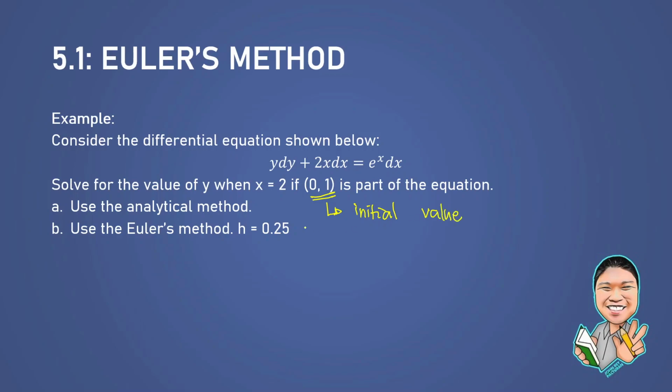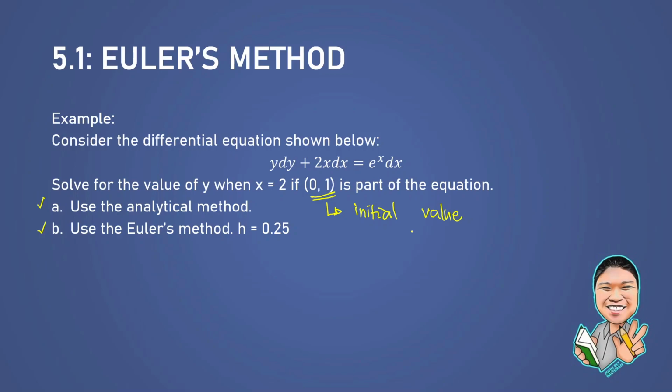So, di ba? Kasi kung maalala nyo, dalawang methods pala ang gagamitin natin. The analytical method, this is the old school method or the traditional method, while the Euler's method, this is the numerical method. So kung maalala nyo kasi, for the analytical method, hinahanap natin yung general solution, tapos may isa-substitute tayong initial value para mahanap nyo yung particular solution, di ba?